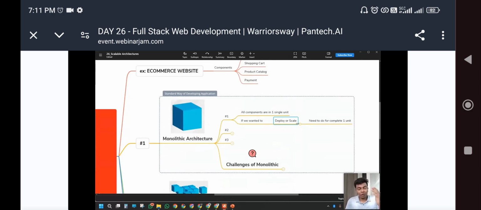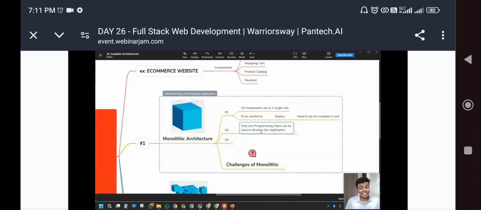It has been built using one platform. If you want to scale it or deploy it, that is done for the single unit. Scaling is not that good, but if you are talking about deployment and updating, you need to do it for a single unit.